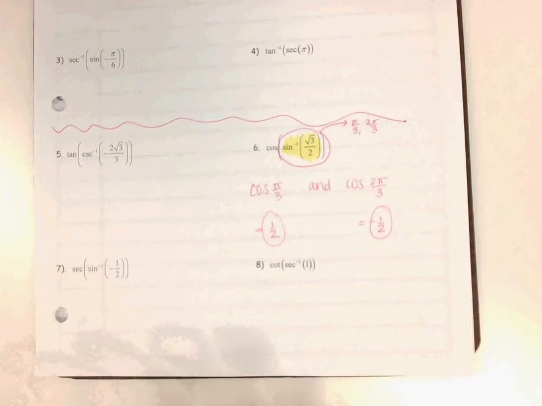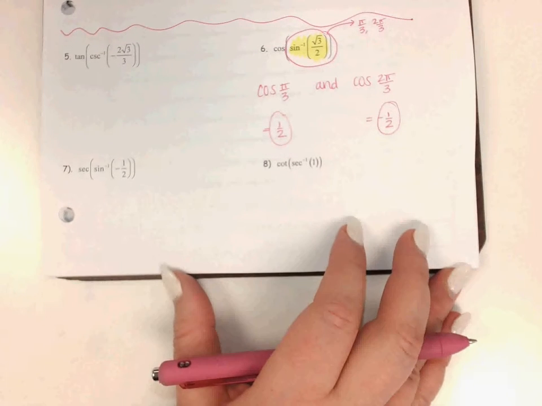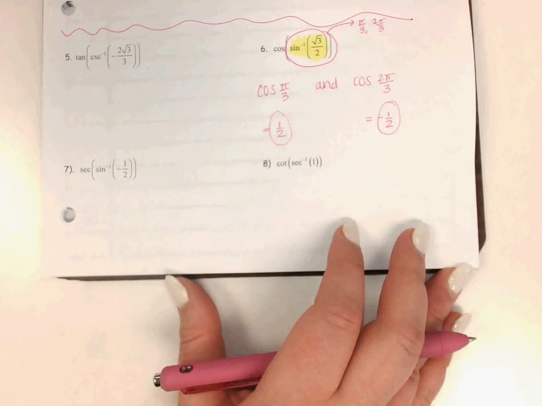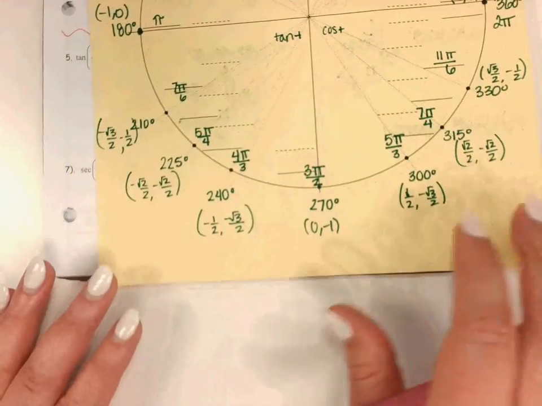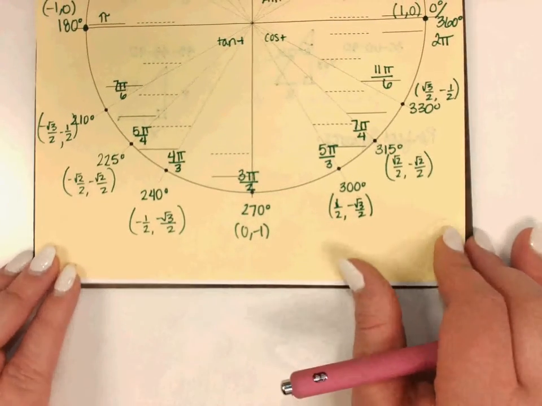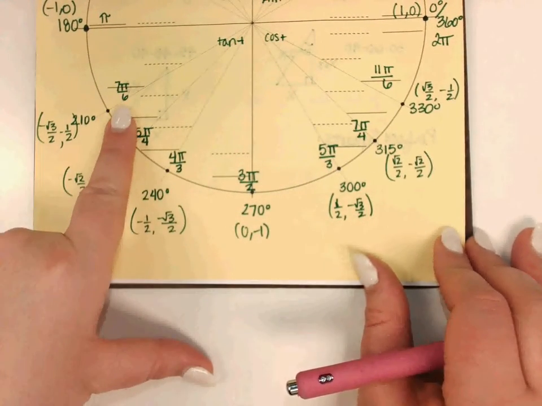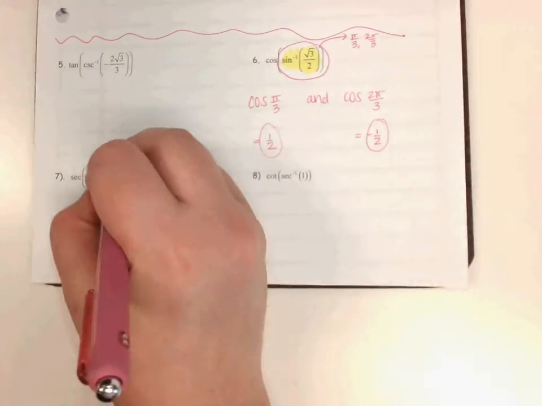Let's do number 7. Number 7, I want the inverse sine of minus a half. Sine is an x or a y value? Y. Sine is a y value. I want minus a half on my circle. Where do I have minus a half as a y value on the circle? 7 pi 6 and 11 pi 6. So write those down. 7 pi 6 and 11 pi 6.